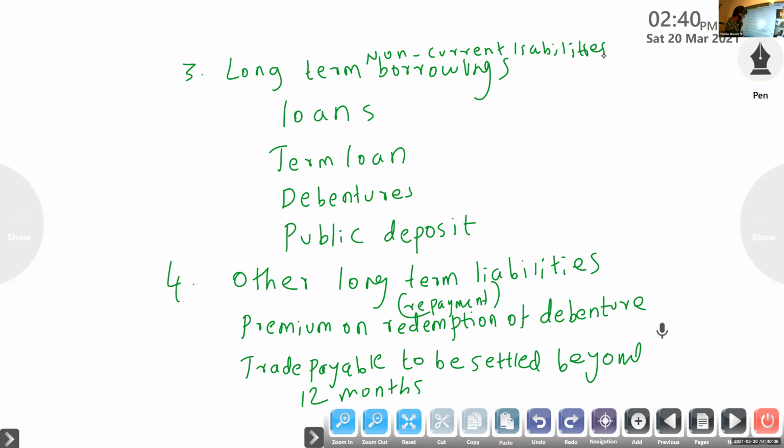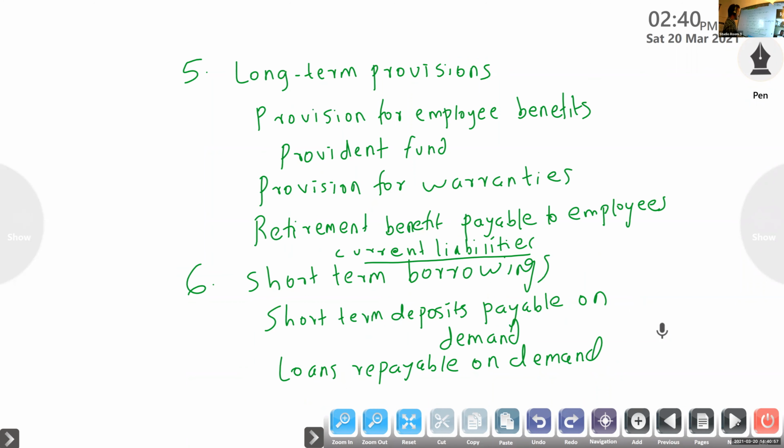Before share capital, you can write shareholders' fund. Then non-current liabilities: long-term borrowing, other long-term liabilities, then long-term provision. Then from this onwards, current liabilities: short-term borrowing.